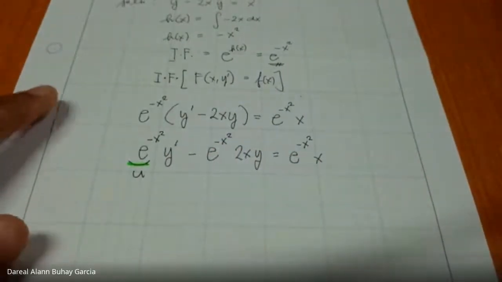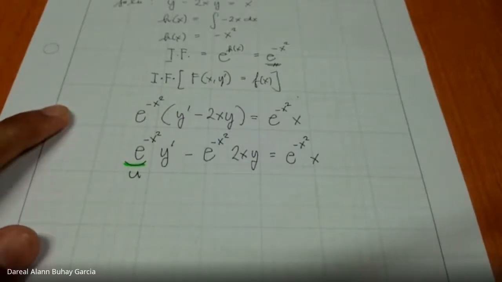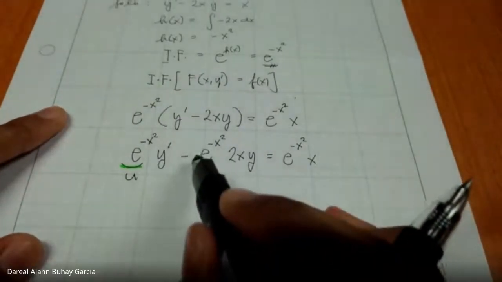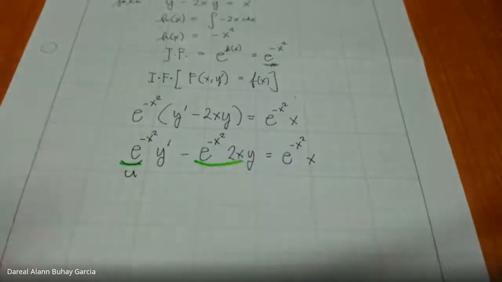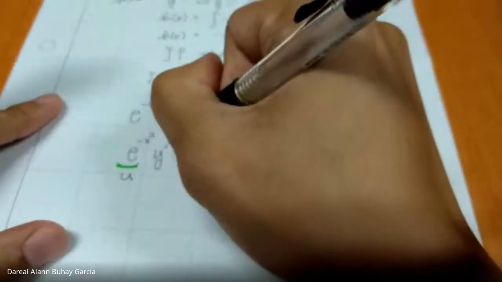So what is u prime? Even if we don't solve it yet, u prime, we include the negative sign.